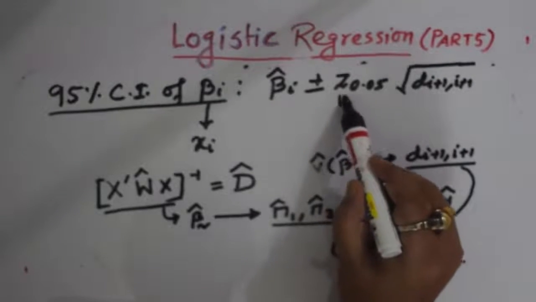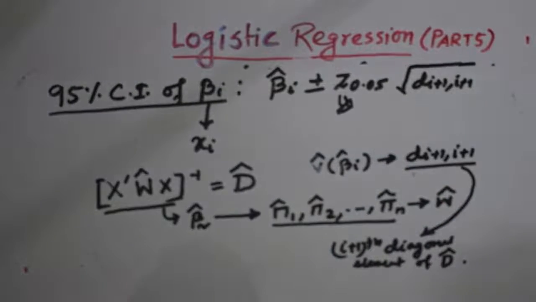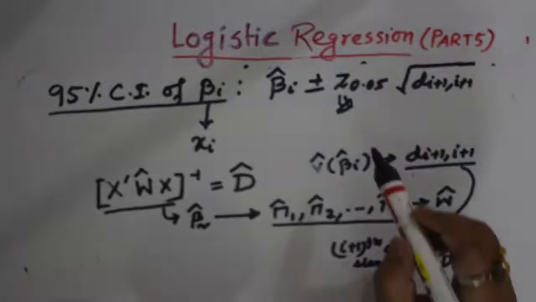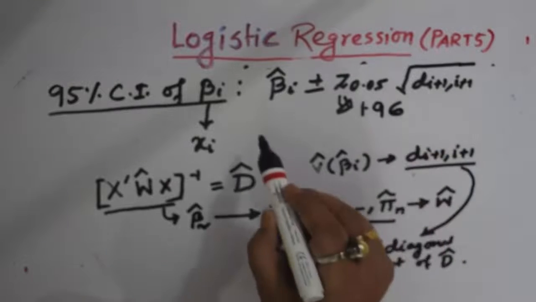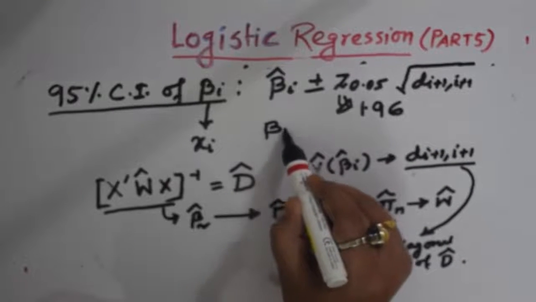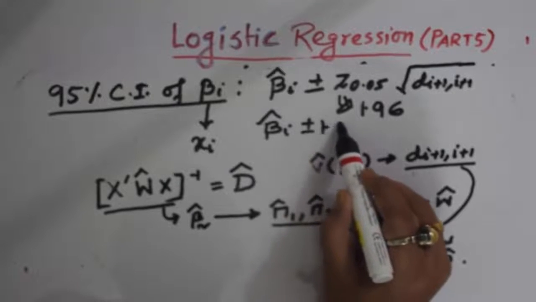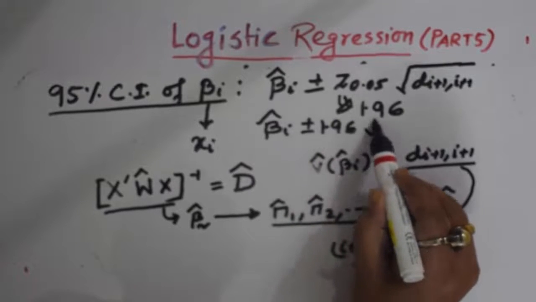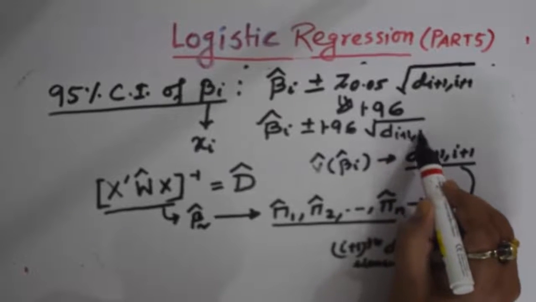This is the 5% upper percentile of the standard normal distribution, and it is approximately 1.96. So this confidence interval is beta i hat plus minus 1.96 root over d(i+1)(i+1).